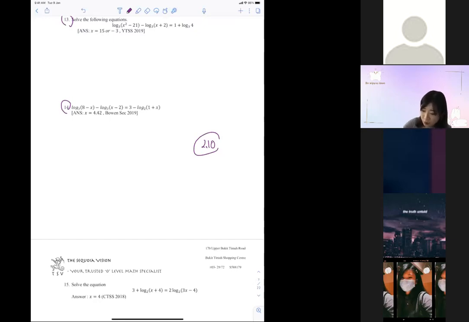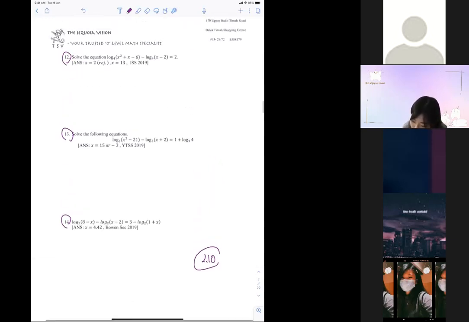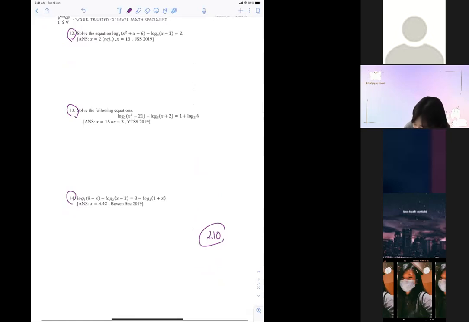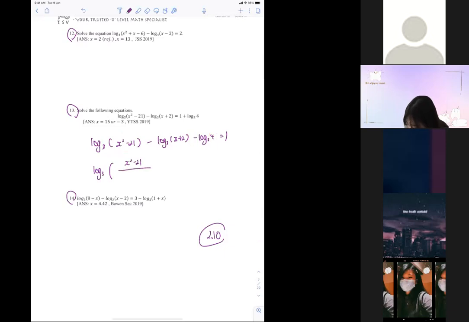Okay, so if question 13, you have more than one minus, so you must divide 2 times. You must take this, divide by this, divide by this. If you divide 2 times, it means like that.